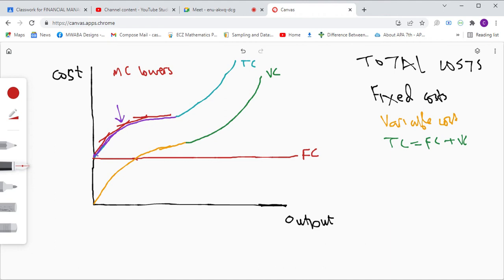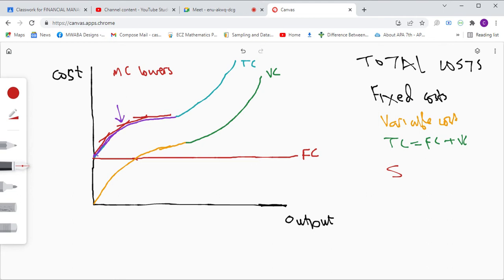Now, when we reach this point where it switches from purple to blue, remember we're dealing with costs in the short run. And in the short run, we have one resource that is fixed, and that is capital.